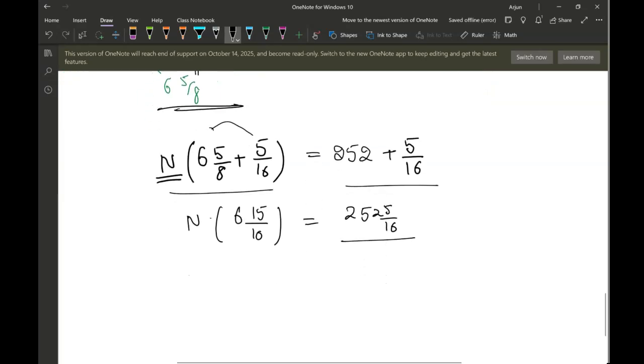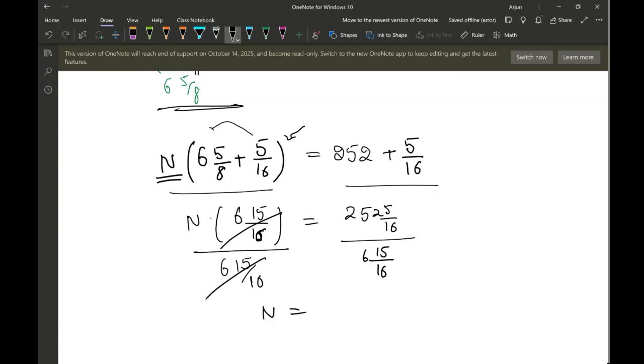Okay, now divide this number by 6 15/16. I'm just going to do it quickly so that nothing is wrong. I'm doing this calculation one more time: 6 5/8 plus 5/16 gives 6 15/16.